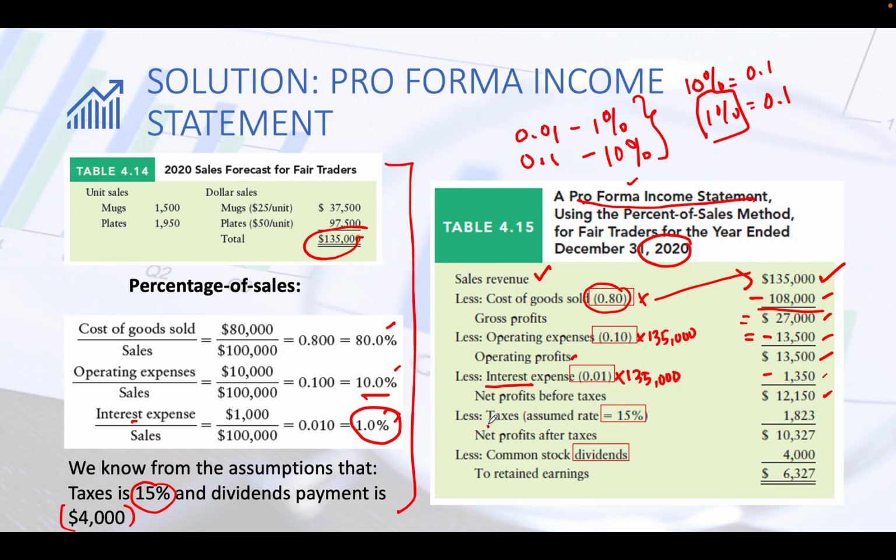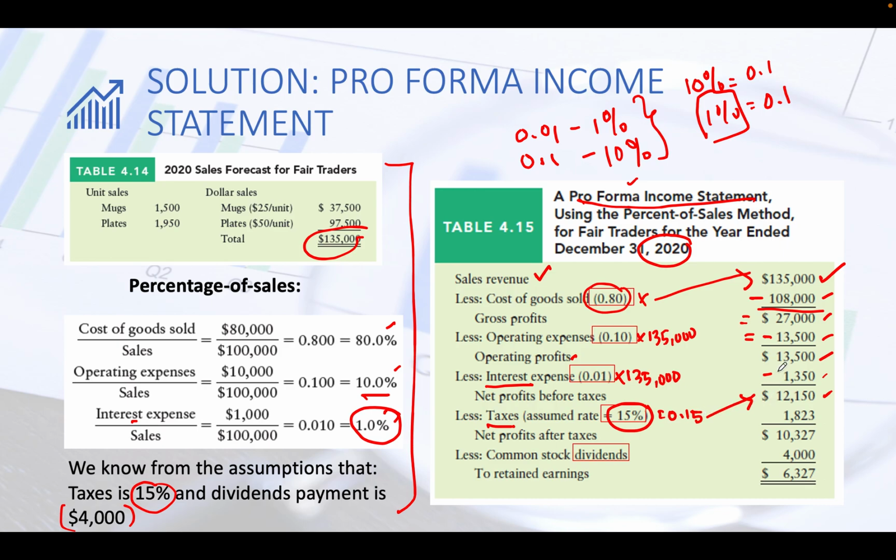Next, taxes. Taxes, we don't calculate taxes based on the percentage of sales. However, we calculate based on the percentage of taxes lah. Taxes ni dikira berapa peratus. Jadi, 15% equal to 0.15. 0.15 times dengan profit before tax, bukan dengan sales.